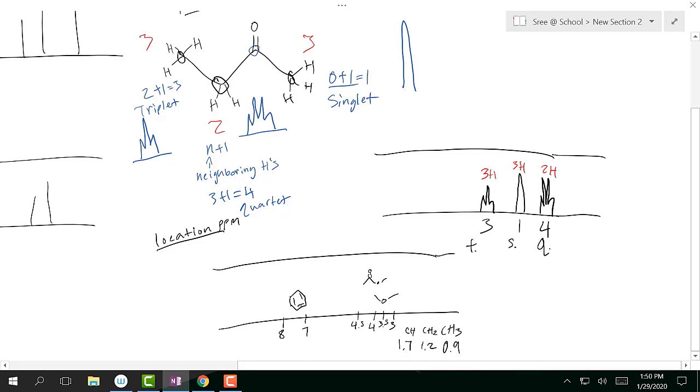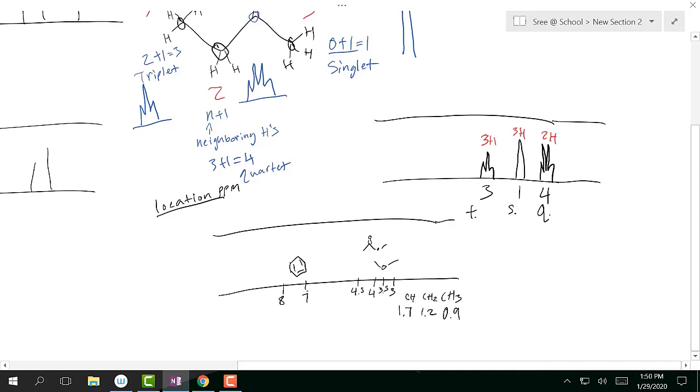Okay? So NMR can also help you identify functional groups in your compound. And then 9 to 10 is aldehyde. And then I think it's 11 to 12 is carboxylic acid. And then alcohol is kind of weird. Alcohol is anywhere from 2 all the way to 5. Okay?